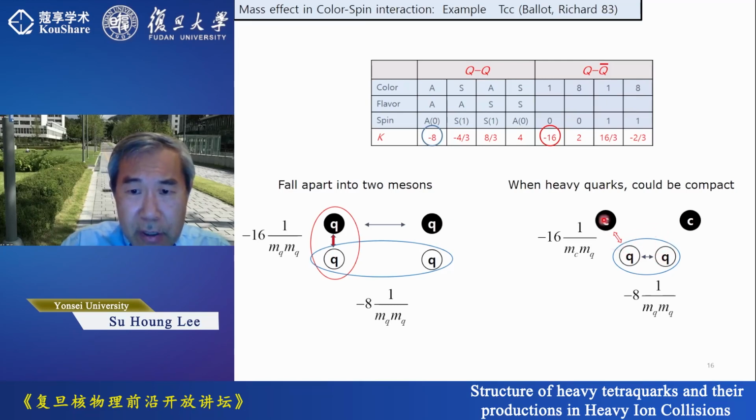So therefore, instead of falling apart, they would like to come together into this diquark configuration. So there is a possibility that this diquark, instead of just falling apart, will form a compact configuration.